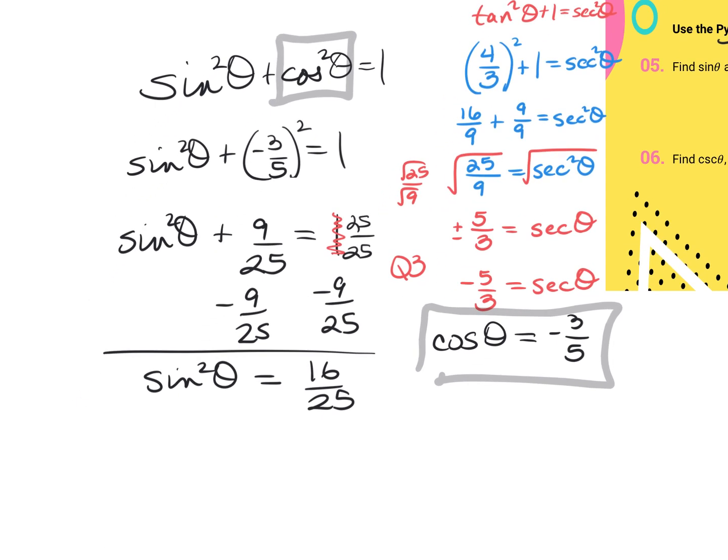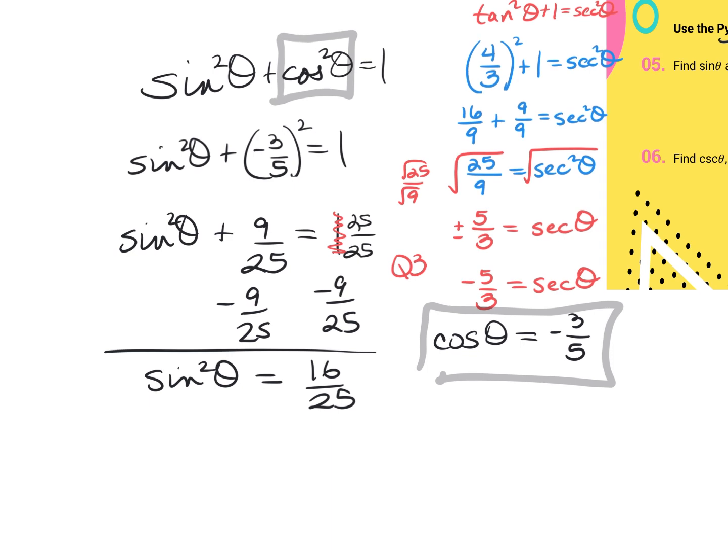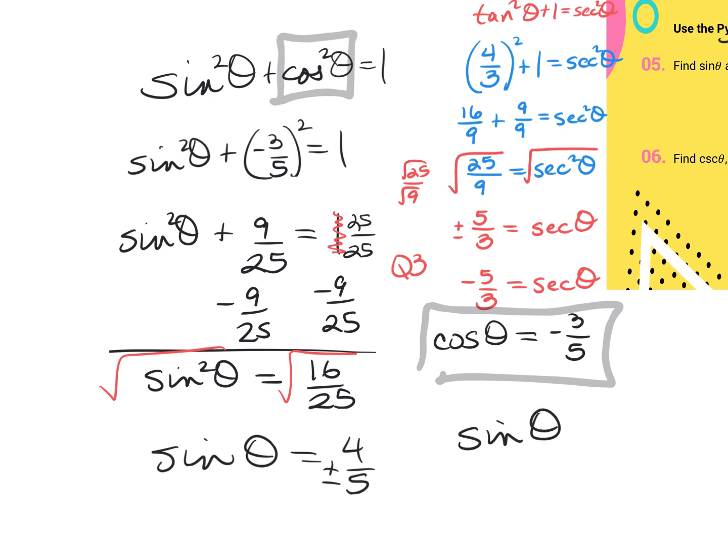I don't want sine squared, I just want sine. So square root both sides. And sine of theta is equal to 4/5, plus or minus. But I only keep the minus because I'm in quadrant 3. And there are my 2 answers.